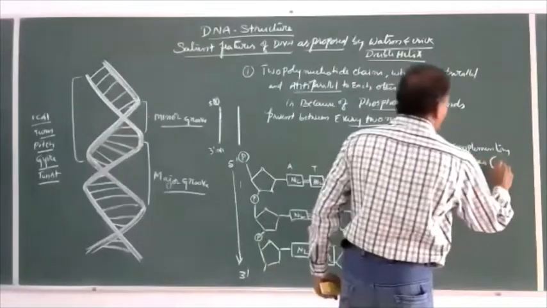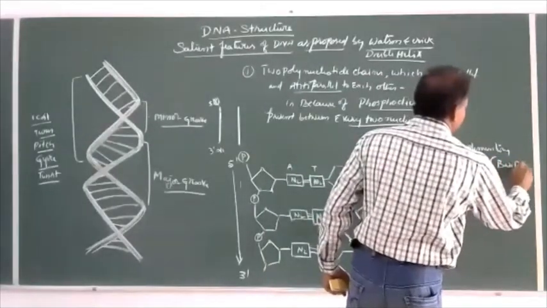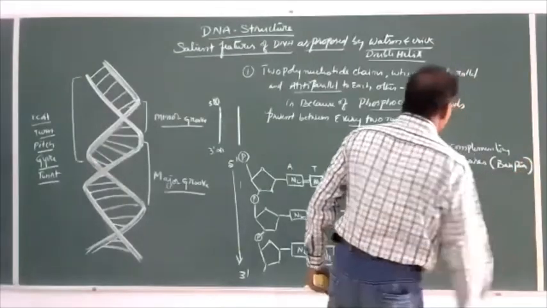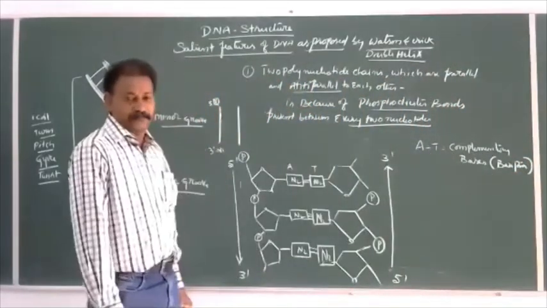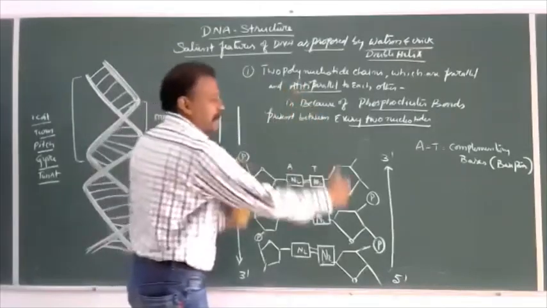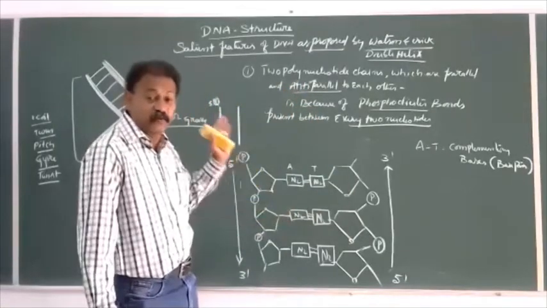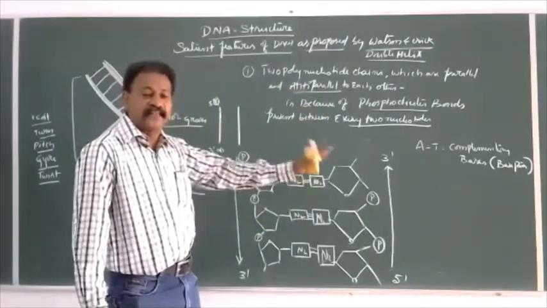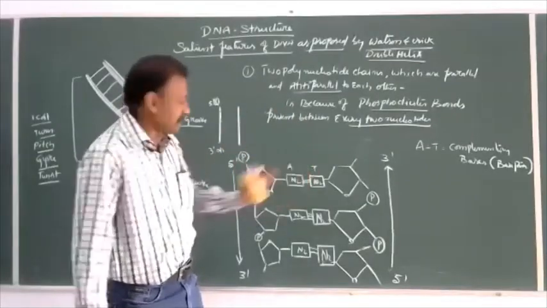Bases which form a pair are called a base pair. They are complementary to each other. In a DNA molecule, always A should bond with T, and T should bond with A, no other alternative.